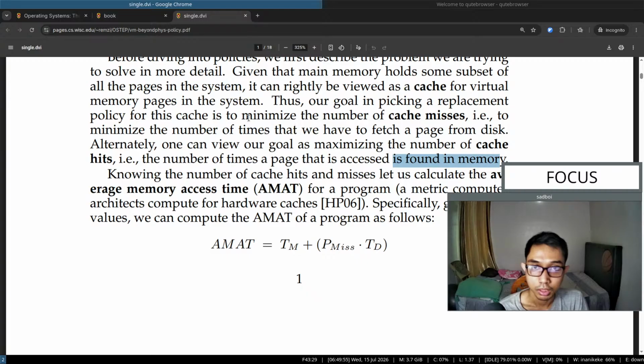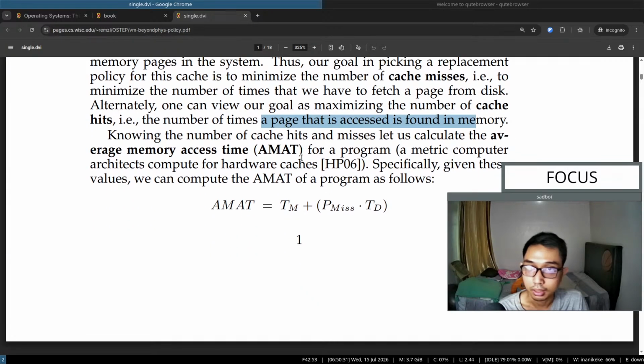So we want to minimize cache misses, the number of times we have to fetch a page from disk, and maximize cache hits, the number of times a page that needs to be accessed is found in memory.